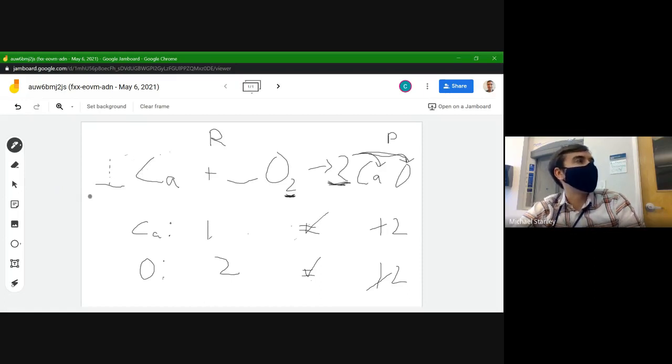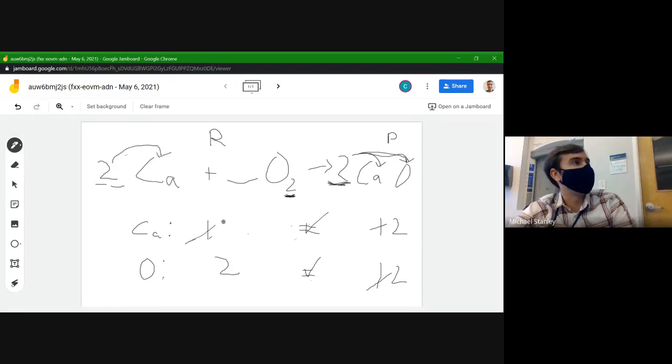So if we change this coefficient, if we bump it up from 1 to a 2, we've only increased the amount of Cas by 1. Because before, there was 1 Ca, but when I write this 2 in, it tells me that there are 2 Cas.